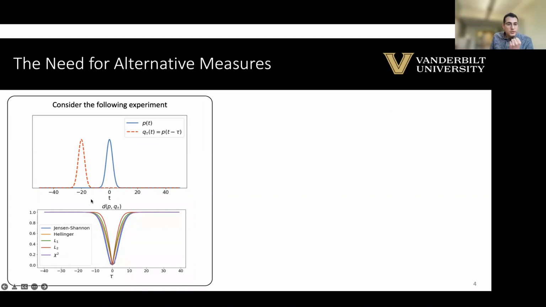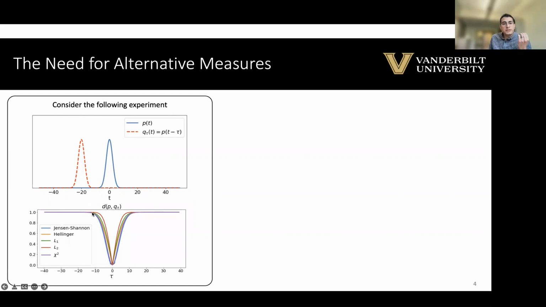Then if we use any of the mentioned distances or divergences that we saw in the previous slide, and look at the distance as a function of tau. So when we are far away and then we get close by, we immediately see that when the supports of our distributions are disjoint, all of these distances are going to give us a maximum value, and this is going to be a constant value.